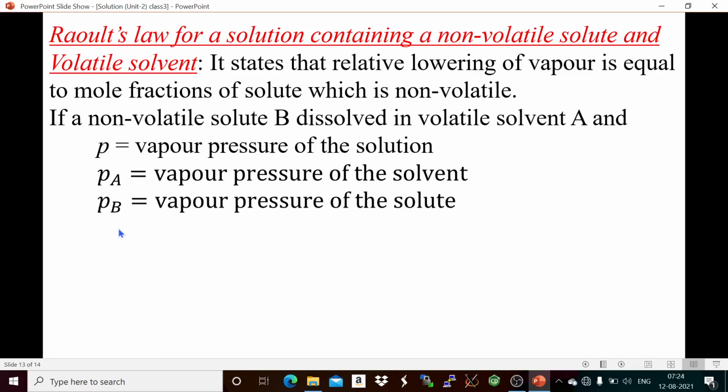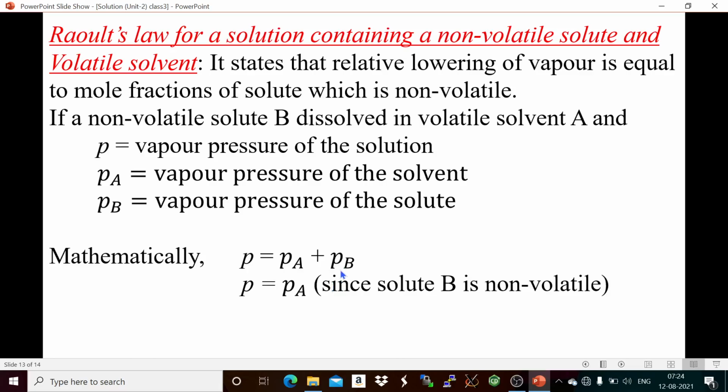PA is the vapor pressure of the solvent when we dissolve a non-volatile solute in it, and PB is the vapor pressure of the solute in solution. So mathematically we can write P is equal to PA plus PB.